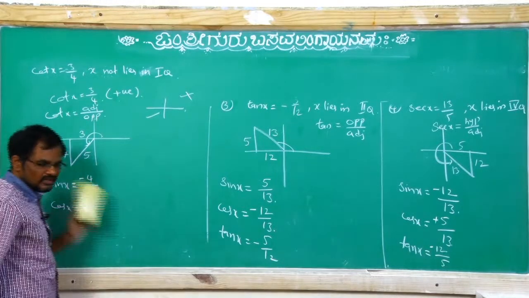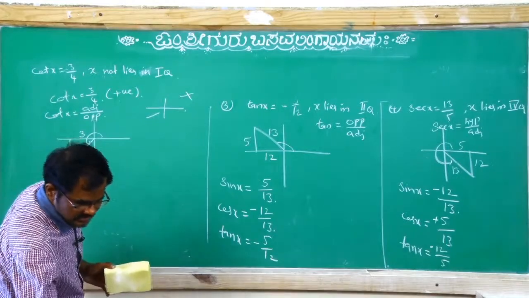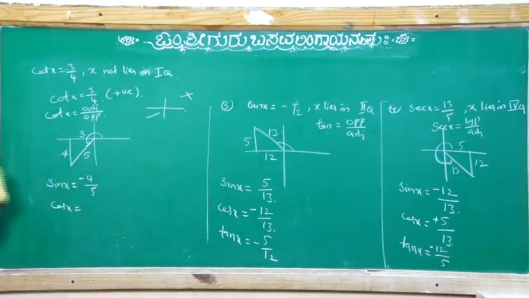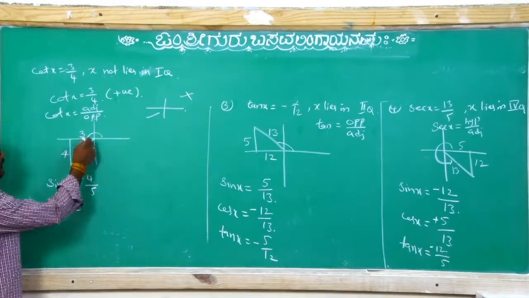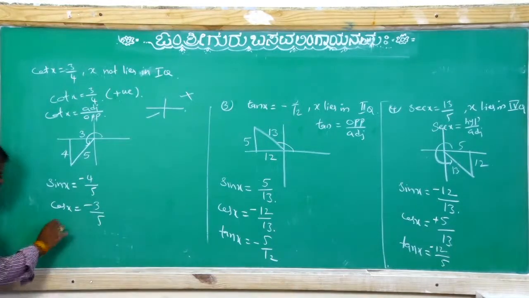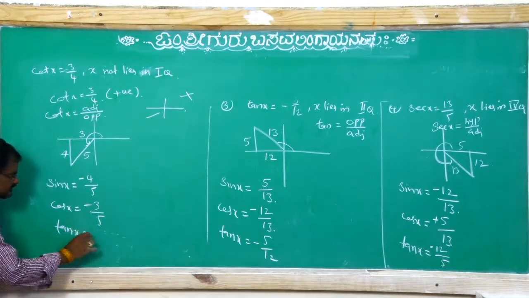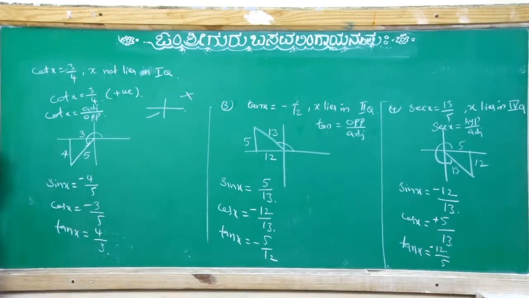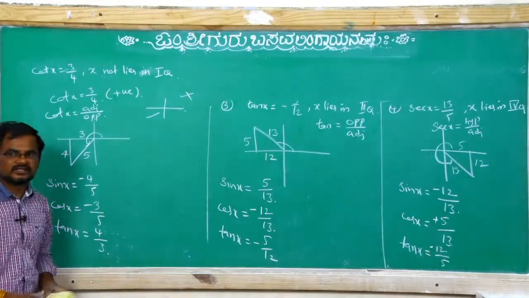Cos x is what? 3 by 5, cos in the third quadrant is negative. Tan x, opposite 4 by 3, tan in the third quadrant is positive. Remaining, take the reciprocal. Okay.